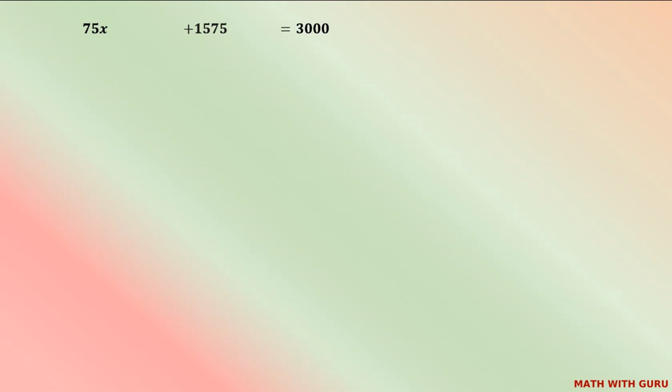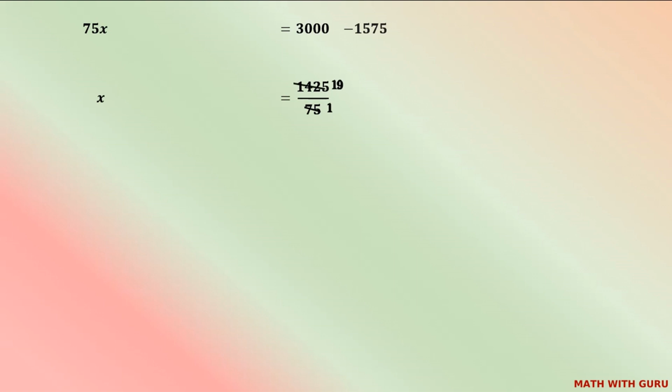Transpose plus 1575 to the right hand side, it becomes negative 1575. 75x equals 1425. Divide by 75. I am not going to show the complete steps of simplification here. 75 ones are 75, 75 19s are 1425.